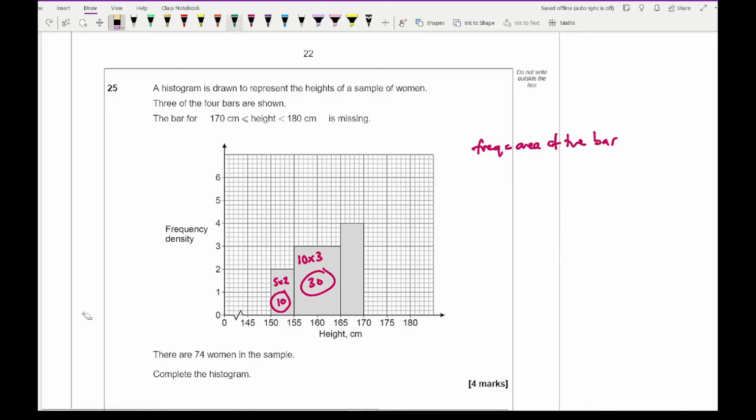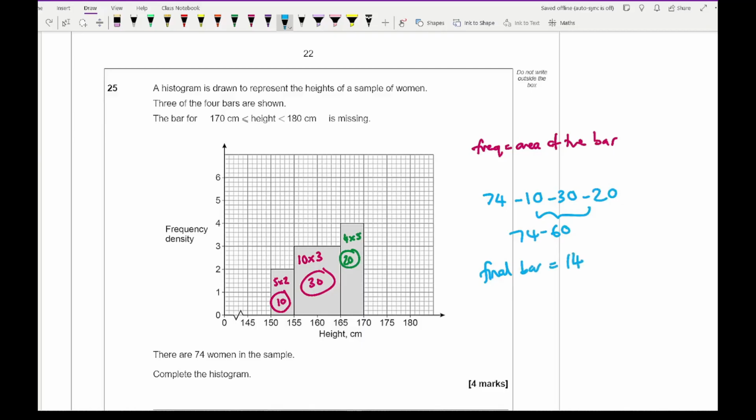Then for the final bar, we've got 4 times 5, which is 20. So if I add up those numbers, I've got 74 minus 10 minus 30 minus 20. So this becomes 60. So what that then becomes is that the final bar has a frequency of 14.